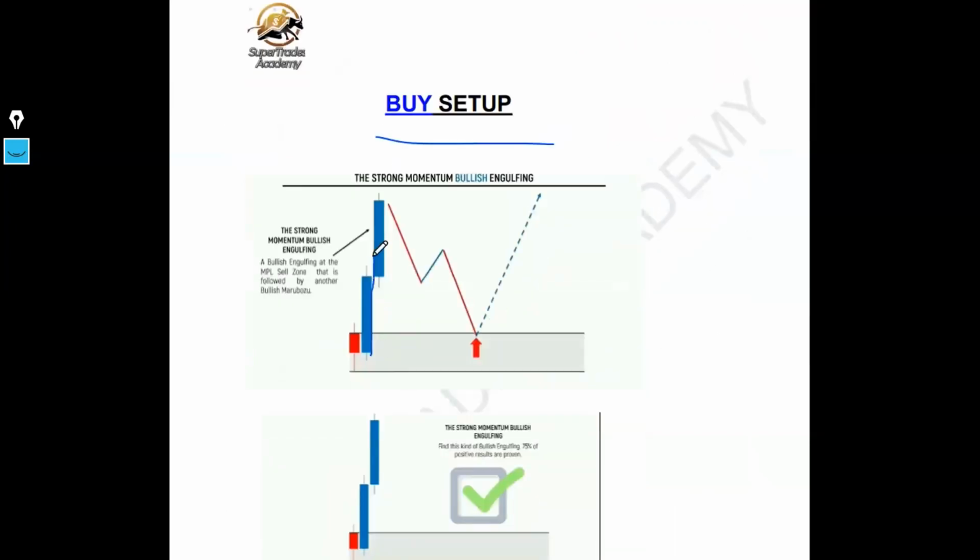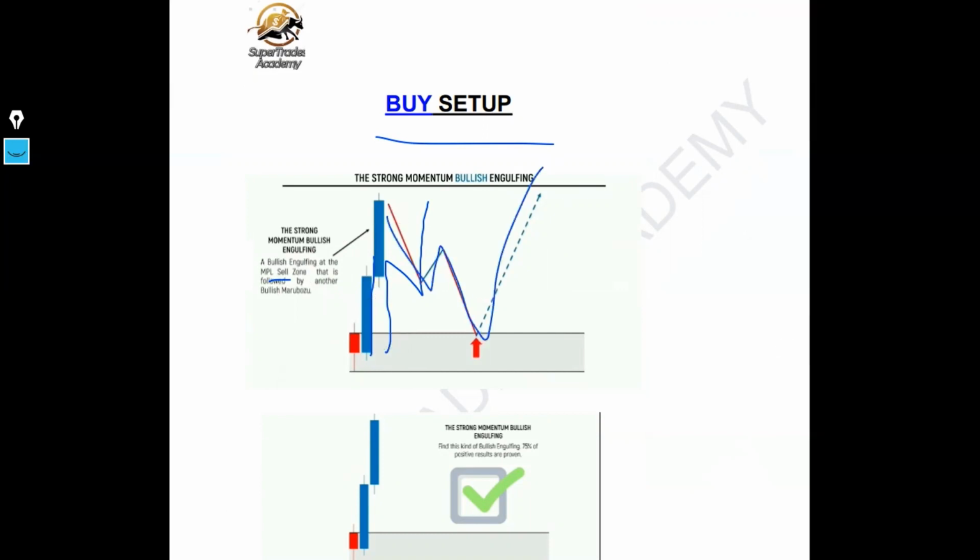So this is the buy setup. The stronger the momentum, the stronger the momentum bullish engulfing. A bullish engulfing at the maximum pain level buy zone, followed by another bullish Marubozu.